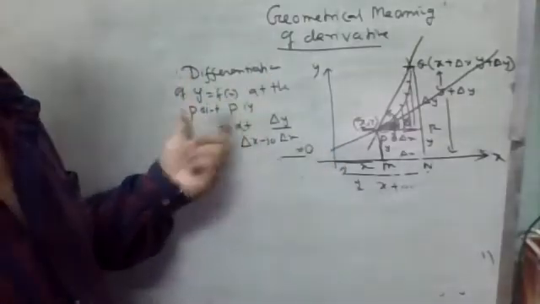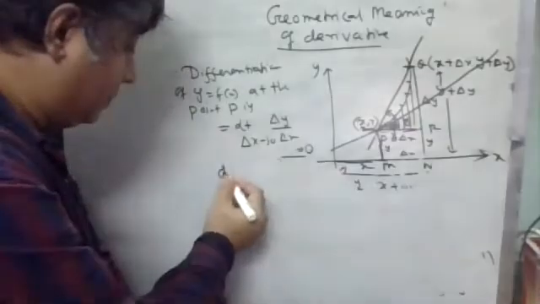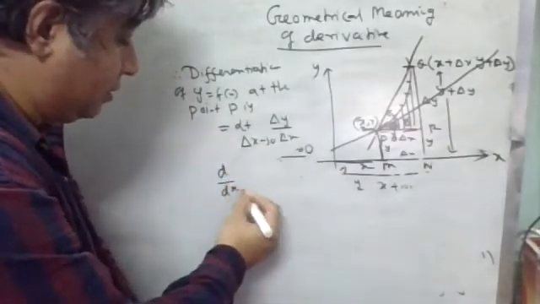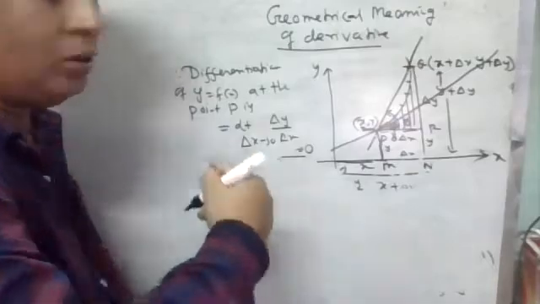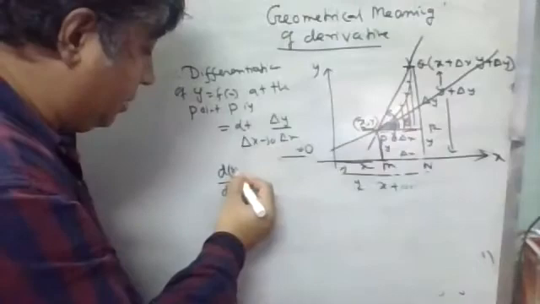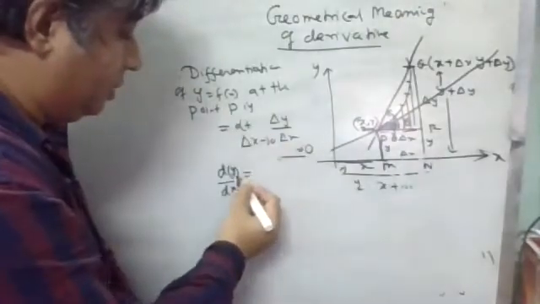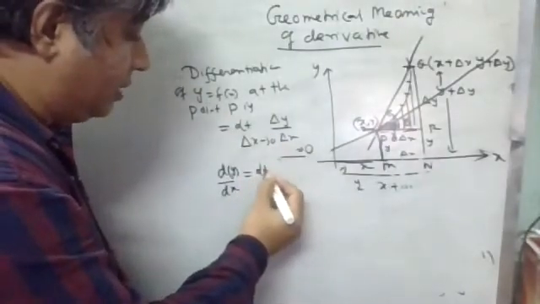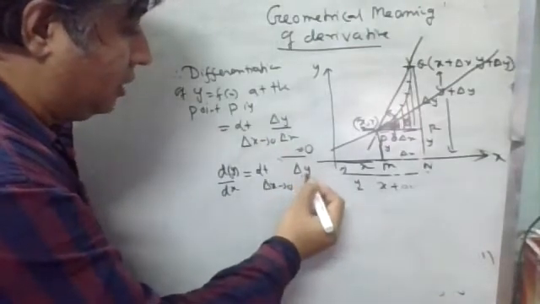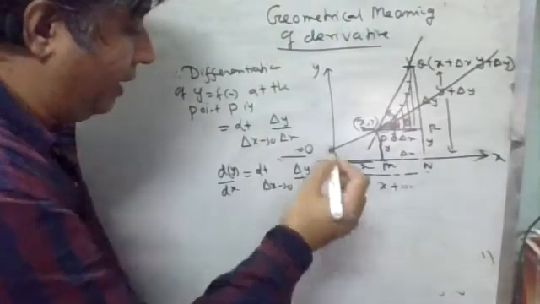Now, what is the notation of differentiation? d/dx. d/dx of what? What are you going to differentiate? The curve. d/dx of y is equal to the limit as delta x tends to 0 of delta y by delta x.